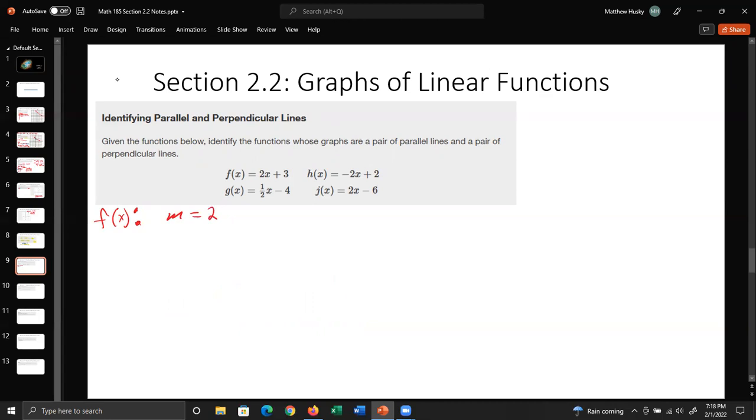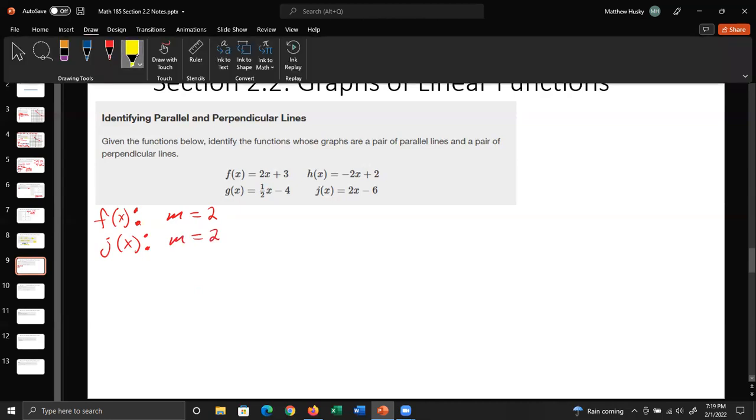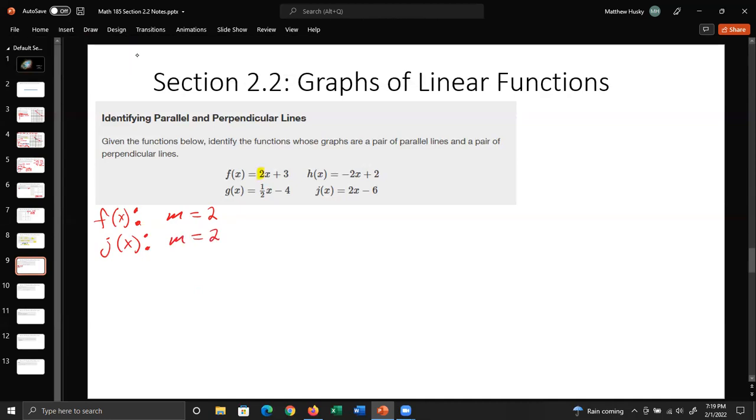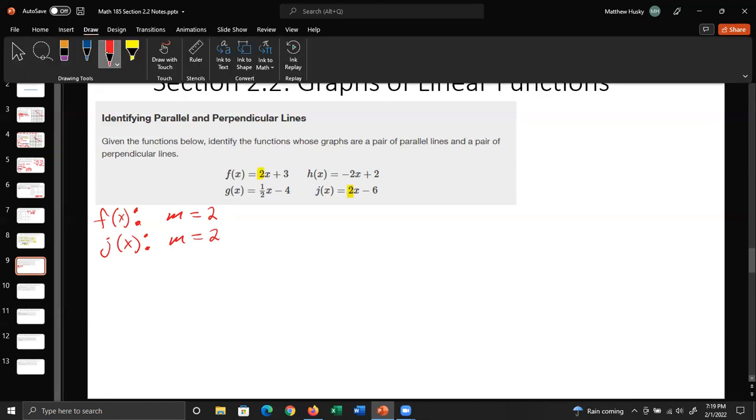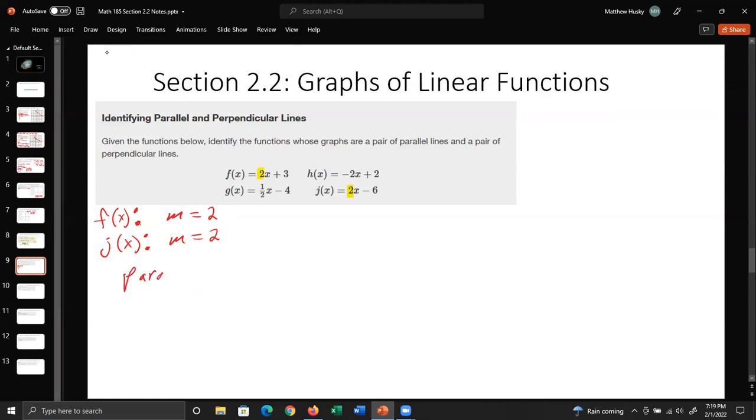And if we look at this, what you will notice is that j of x also has an m equal to 2. The value with the x is going to be your slope. So those both have 2's. That means that those are going to be parallel because they have the same slope.